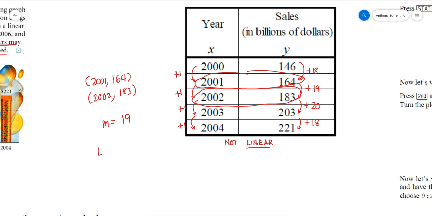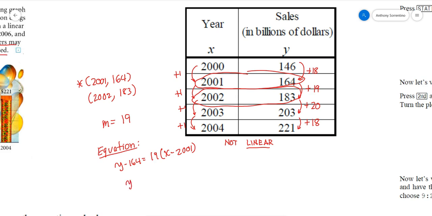For my equation, I would say now I have to choose one of these points. I'm just going to choose that one. The equation I would have would look a little different depending on which one I use in point slope. But I would say, okay, y minus 164 equals 19 times x minus 2001.